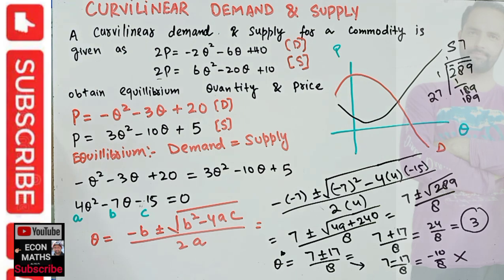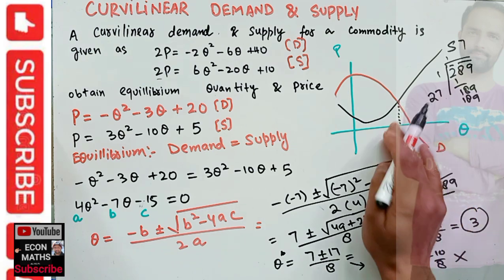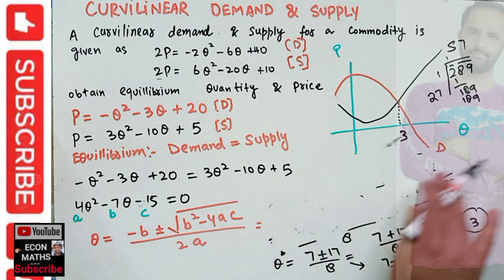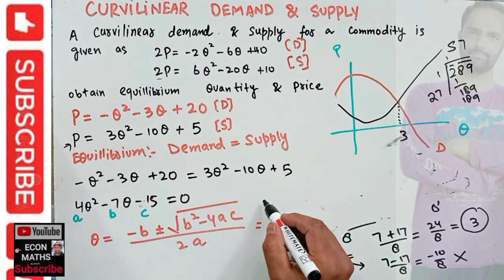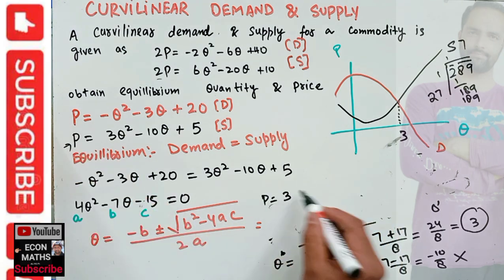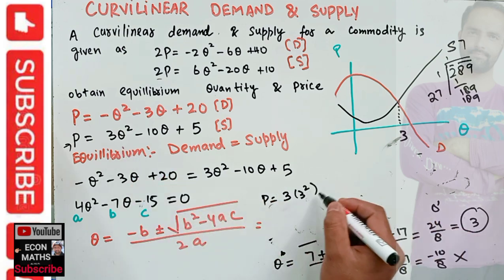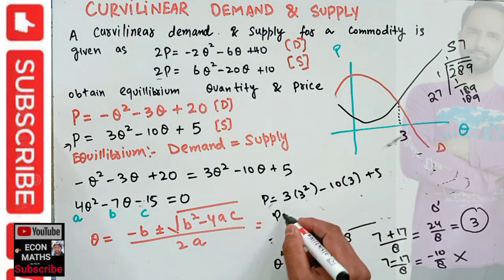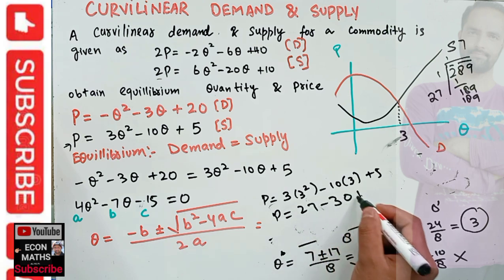To find the equilibrium price, plug the value of equilibrium quantity into either the demand or supply function. Let's put it into the supply function. That means p = 3q² - 10q + 5 with q = 3, so it is 3 times 3², which is 27, minus 10 times 3, which is 30, plus 5.